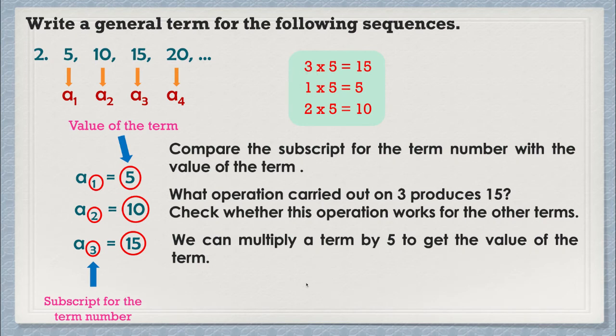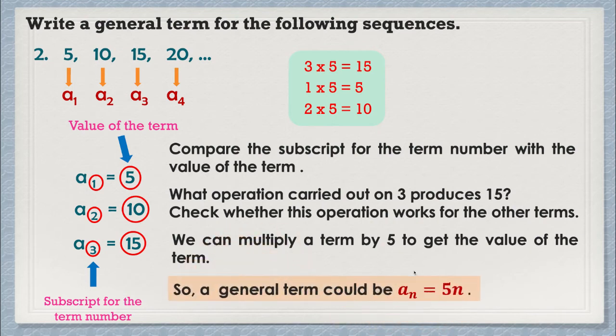Therefore, in this example, the general term will be a sub n equals 5n. This is the subscript. So the rule is you will just multiply it by 5. So a sub n equals 5n.